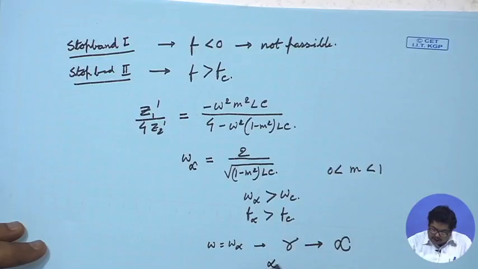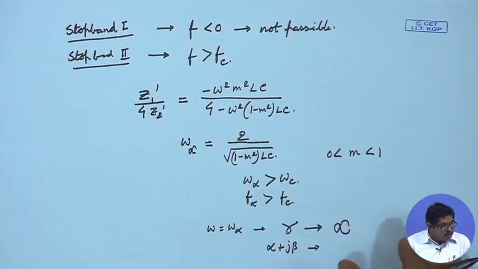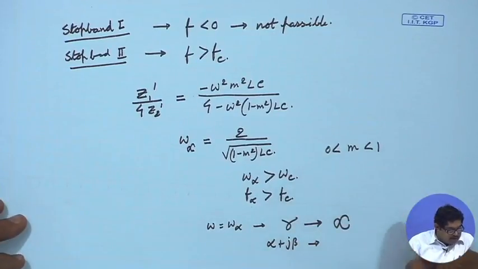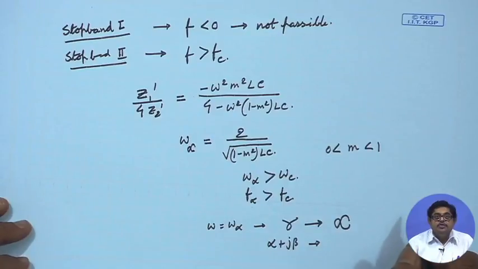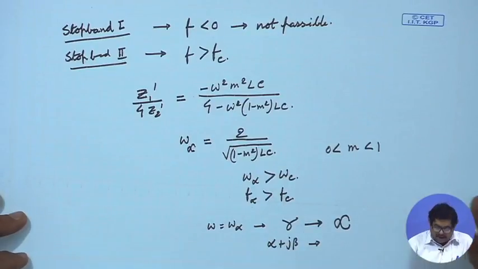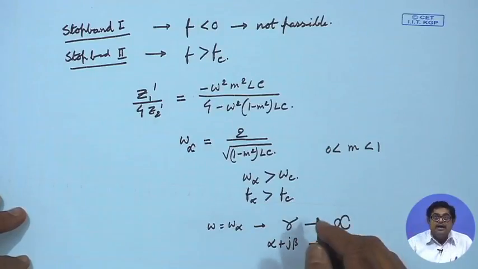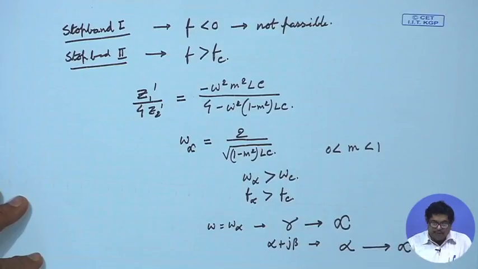Gamma is alpha plus j beta. We have proved that we are at stop band 2. So, at stop band 2, we know that beta is a constant, it is equal to 2n minus 1 pi. So, let us say pi. So, beta is constant, but alpha plus j beta is very high. So, that means alpha also is going to infinity there.